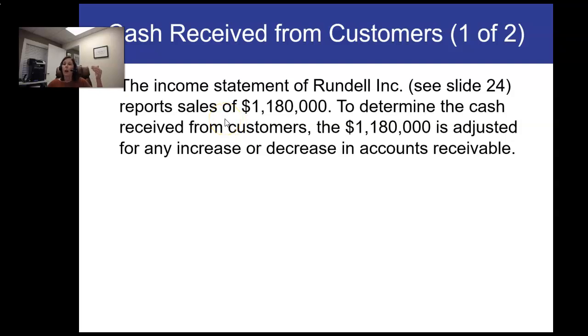So I'm going to hop back to the income statement from the Rundell Company, which we used in the lesson on the direct method. But we had sales of $1,180,000. And so we now have to first figure out how much of those sales customers actually paid us for in cash.